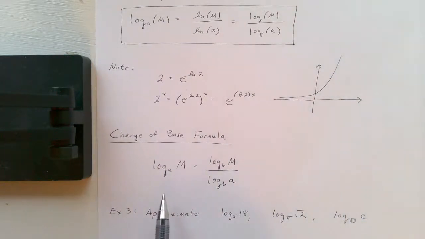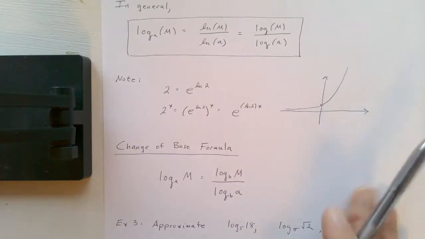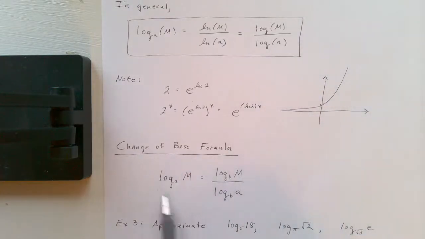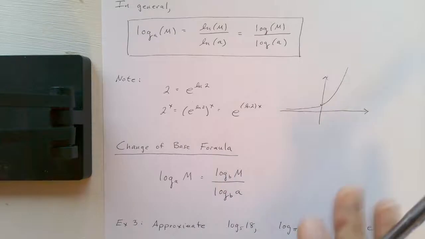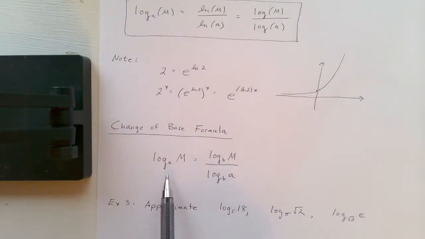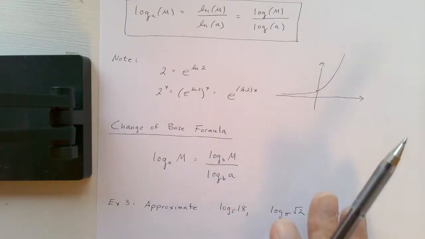Then we also have this change of base formula. We can do this with respect to any base. We don't use too much of it here, since the main formulas we'll be using are here, but we can always write a log in one base in terms of the logs of another base.